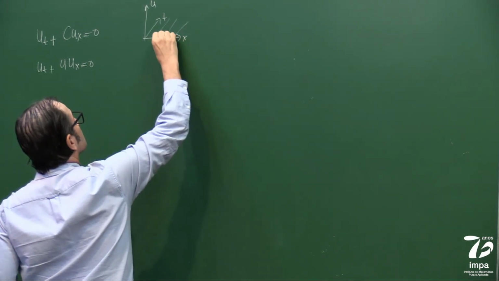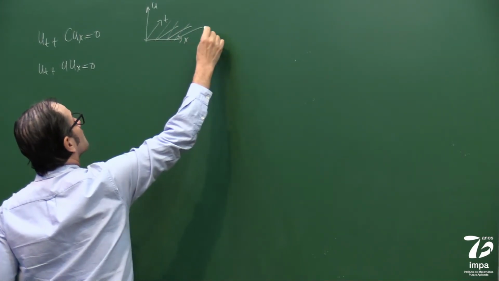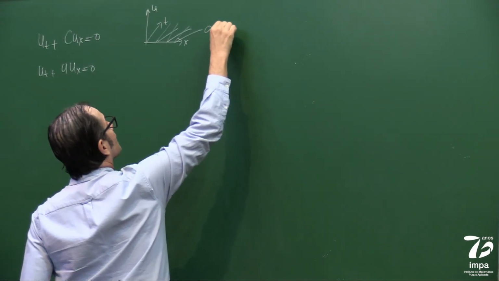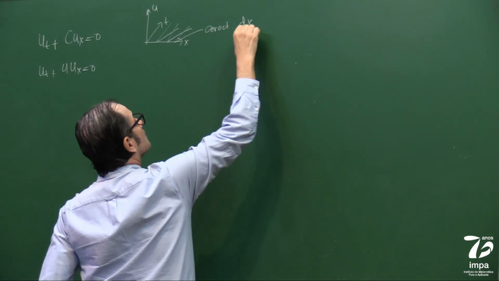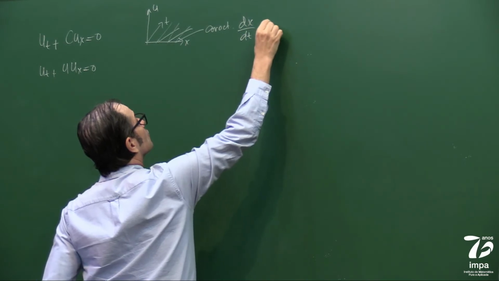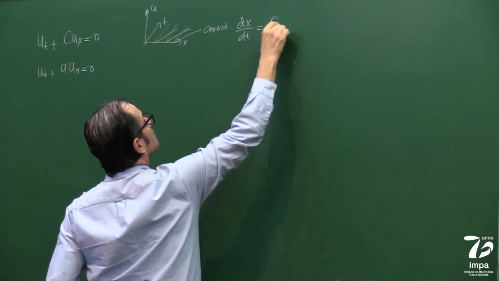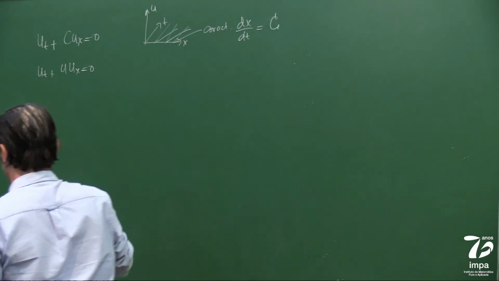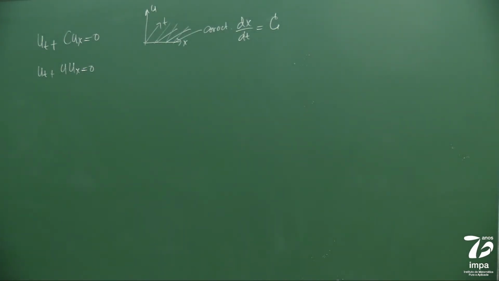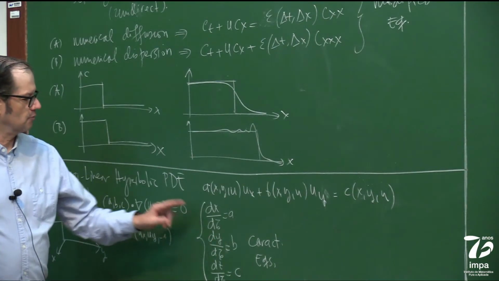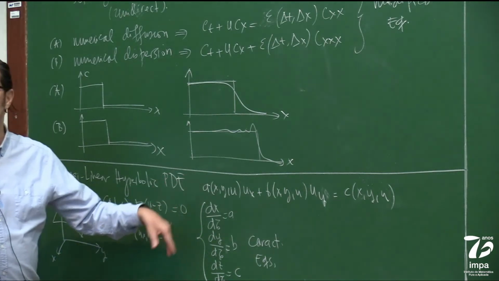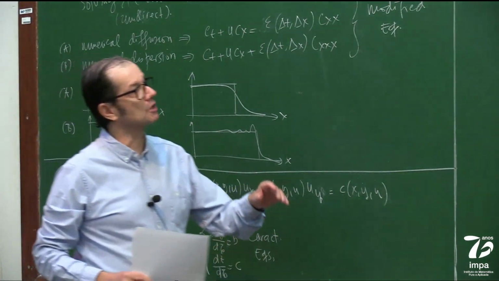I think I already did this last time, right? These are the characteristics: dx/dt equals c, okay? Looking at here, y is playing the role of time, generic notation.